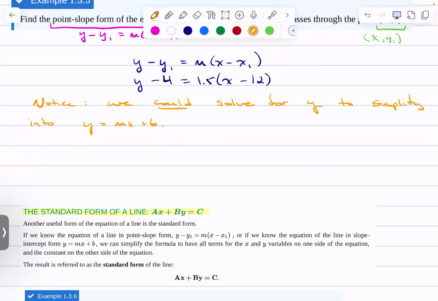Should we do it? I heard a yes. Note that I'm saying we could. The question only asks for the point slope form. So we are done here. Ding.